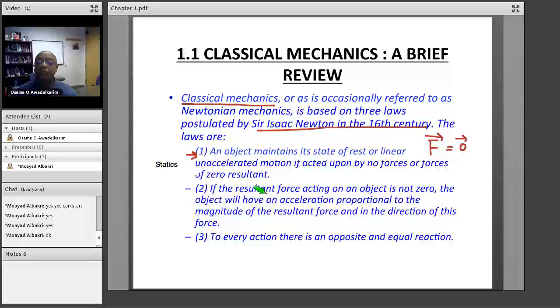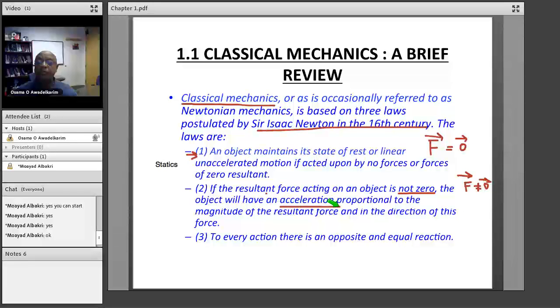Then the second important postulate or law of classical mechanics: now if the resultant of the force acting on the object is not zero, so that is to say we have some force F which is non-zero, and this force F acts on a certain object, and it has some magnitude and direction, then the object will have an acceleration.